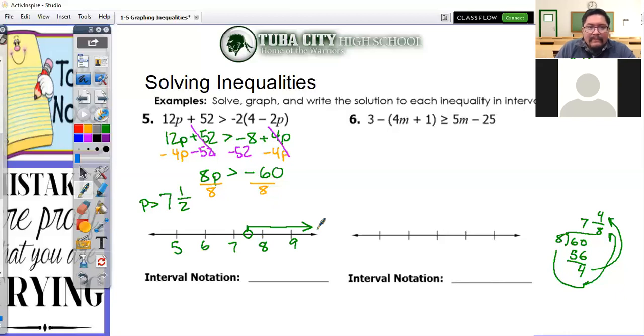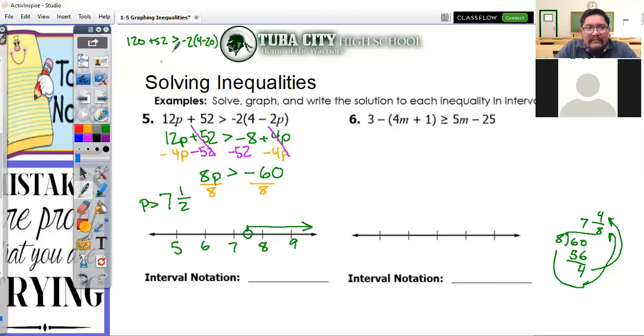side. And if we pick 9 and plug it back into the equation here, so 9 for P, or it'll probably be easier to pick 10. In fact, let's go ahead and do that really quick. So 10 times P, or 12 times 10 is 120 plus 52, greater than negative 2 plus, or sorry, times 4 minus 20.